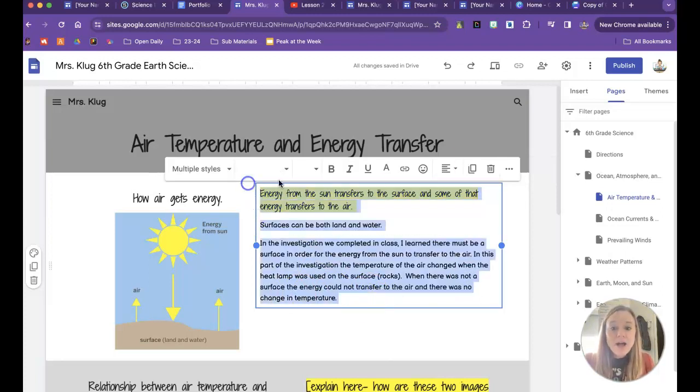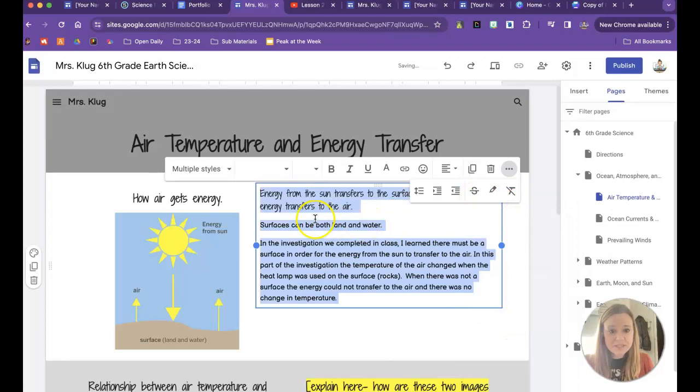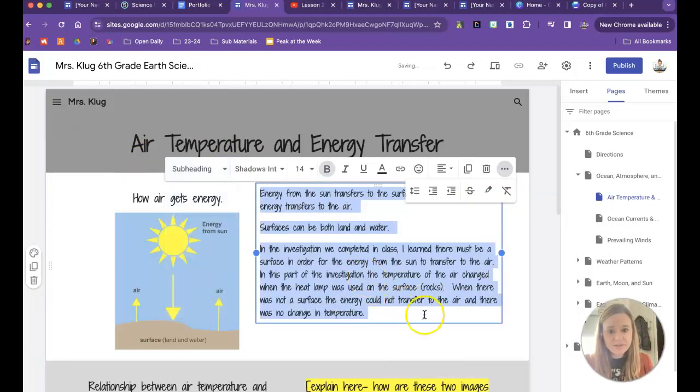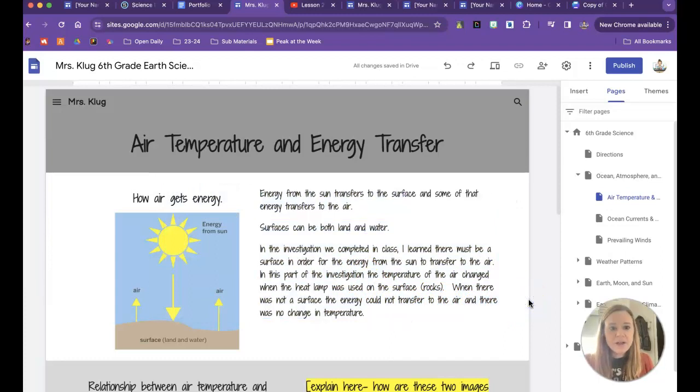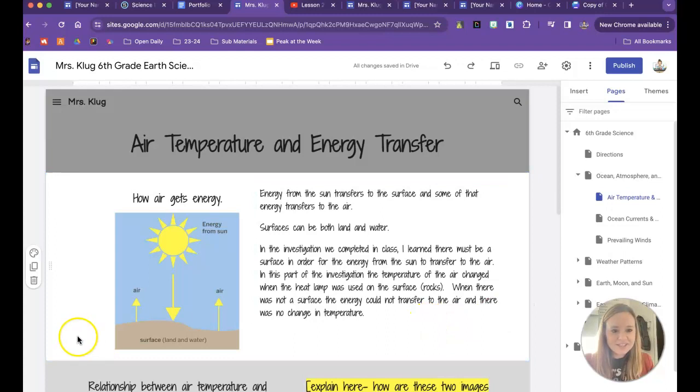All right, so I think that this is a pretty good explanation of what we learned, so I'm going to go ahead and take off my highlighting because this section is completed, and I like that everything is the same font, so I'm going to go ahead and change that. But this is that section. I also think we are going to add a picture from my poster that I made during class for this lesson.